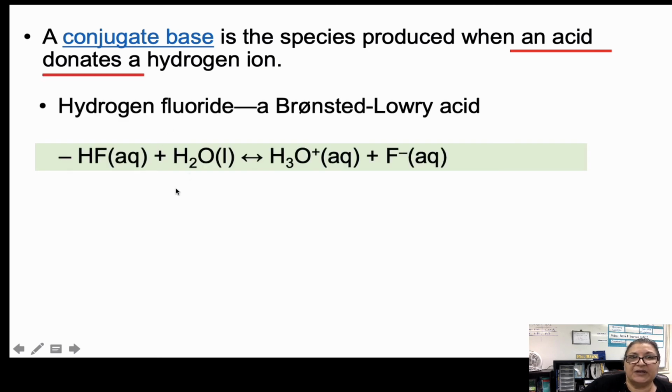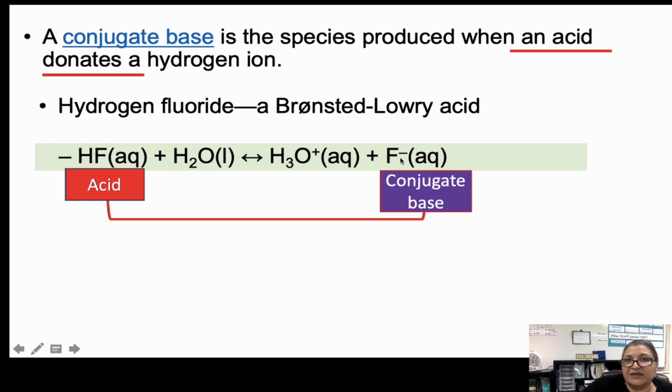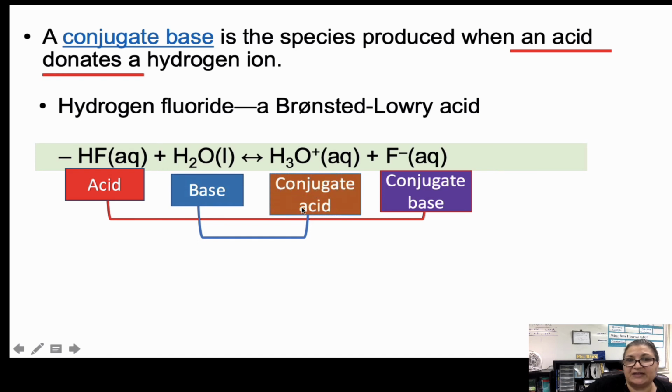Okay, so for example, hydrogen fluoride is an acid, but now it's going to donate, and whatever is left over after it donates is its conjugate base, and this one is the base, water is the base, and after it accepted, then that's my conjugate acid.